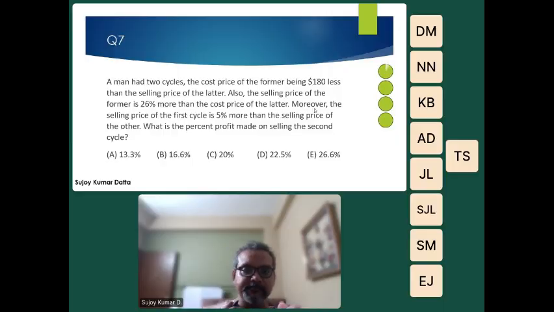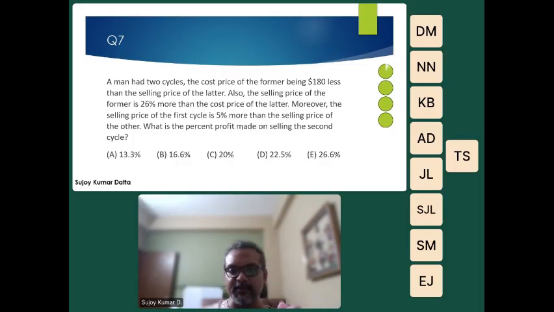So how do you do this? Let me ask you: do you think that $180 is useful to solve this question? Is it required? Okay, let's see. Make a table.